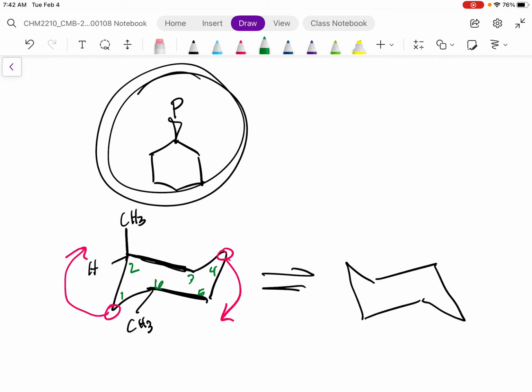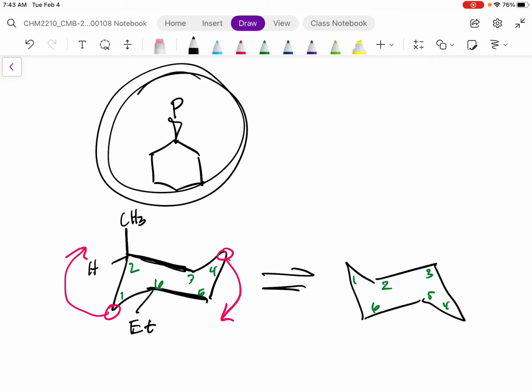Where is carbon 1 on the right side? Right there. 1, 2, 3, 4, 5, and 6. So we see that we have a methyl group on carbon 2, or let's change it so it's easier to talk about. Let's go ethyl group on carbon 6 and a methyl group at carbon 2.